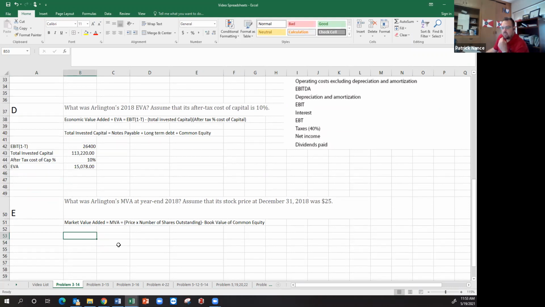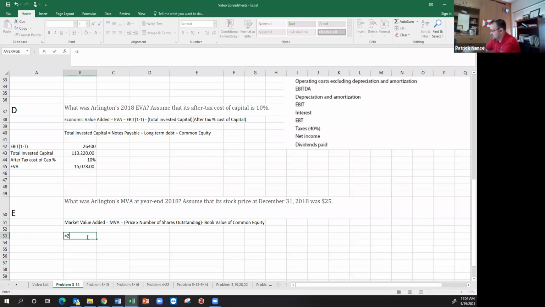Okay, last one on this problem, my market value added. My market value added is the price times the number of shares outstanding minus the book value of the common equity, to figure out how much market value I've increased in this case. It says that the stock price was $25. So if we assume that's a stock price, then I can take that as my stock price for my formula.